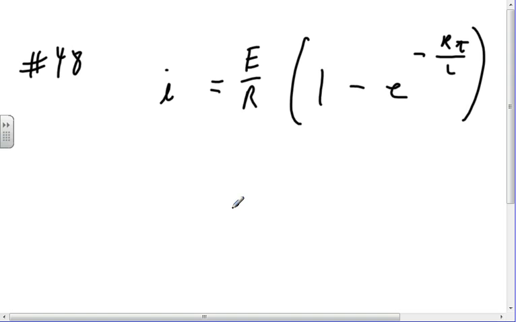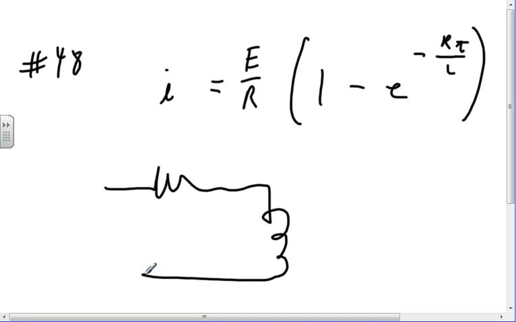So this is a circuit where I have a resistor and one inductor. And then I got some switch that I'm going to close. This guy's the resistor, this guy's the inductor.